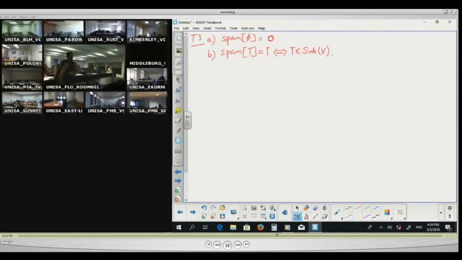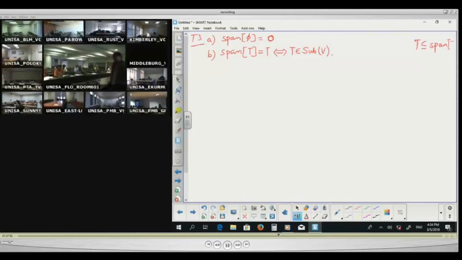And on the other hand, suppose T is a subspace. You have told me that span of T is the smallest subspace which contains T. That we have proved now.